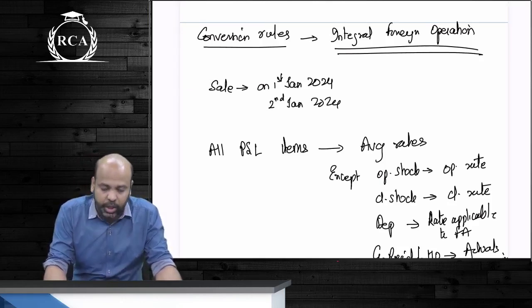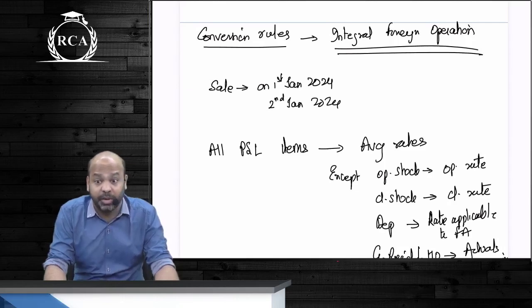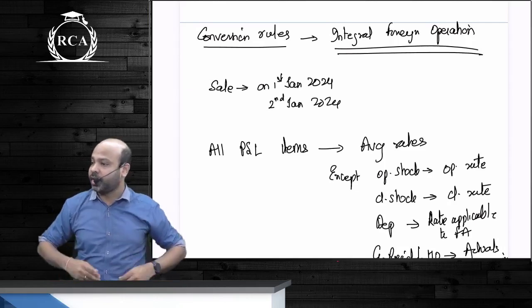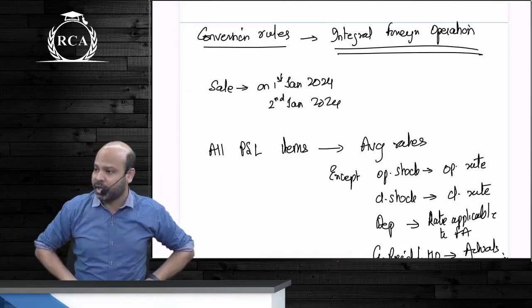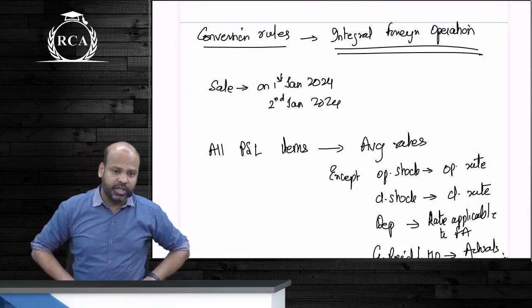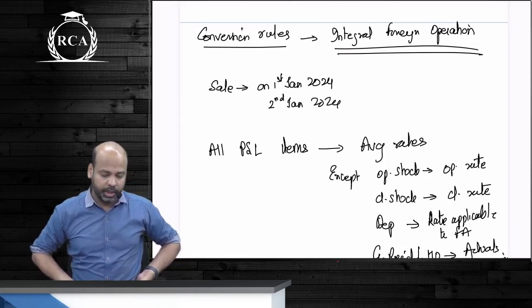If there are any monetary items outstanding as on the balance sheet date, you will have to restate them at the exchange rate prevailing on the balance sheet date. Any non-monetary items will be recorded at the exchange rate that was prevailing on the acquisition date only. The resulting foreign exchange gain or loss will be transferred to the P&L account.